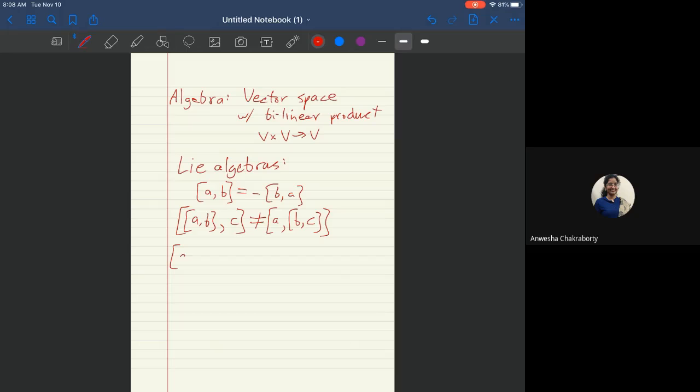Instead, they satisfy this property: the commutator of A and B with C, plus cyclic permutations of that, does vanish. Okay, so that's what a Lie algebra is.